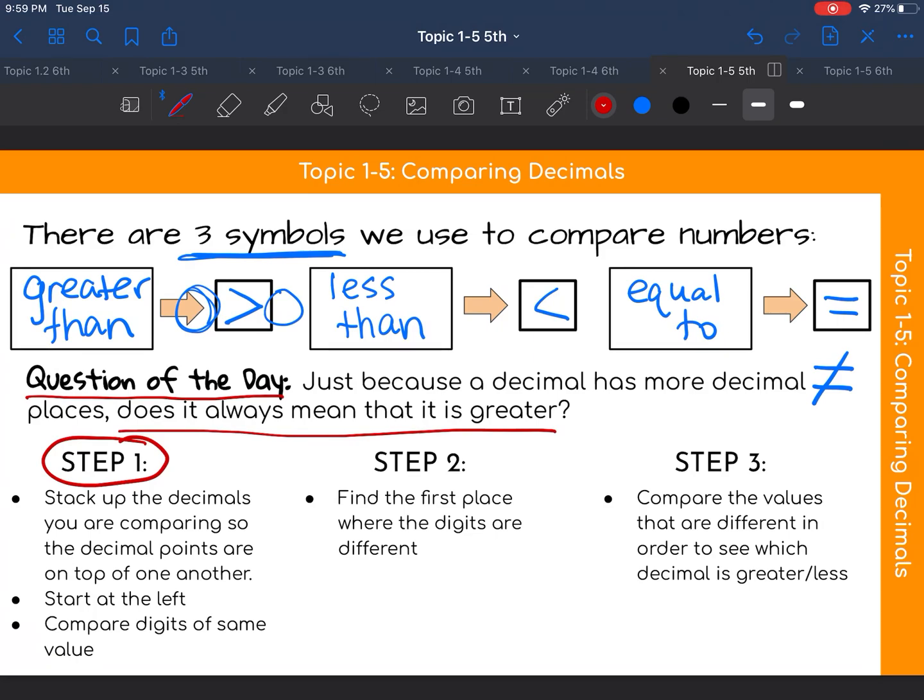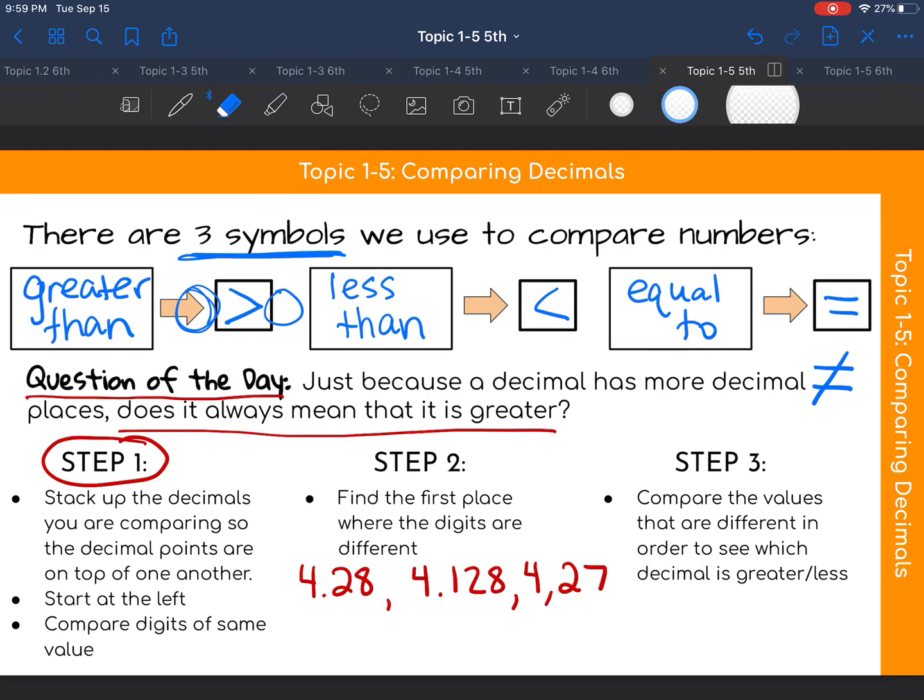So for example, let's say I wanted you to compare 4 and 2 tenths, 4 and 128 thousandths, and 4 and 27 hundredths. And I wanted you to list them from least to greatest.